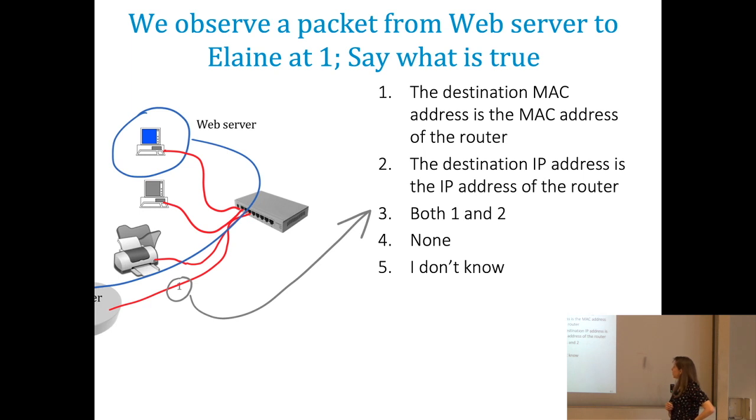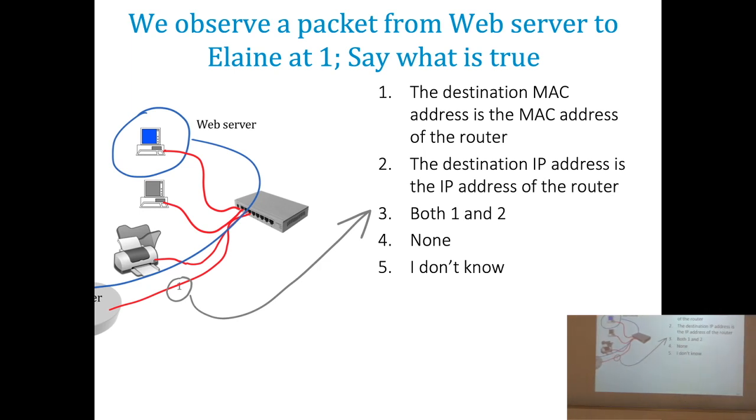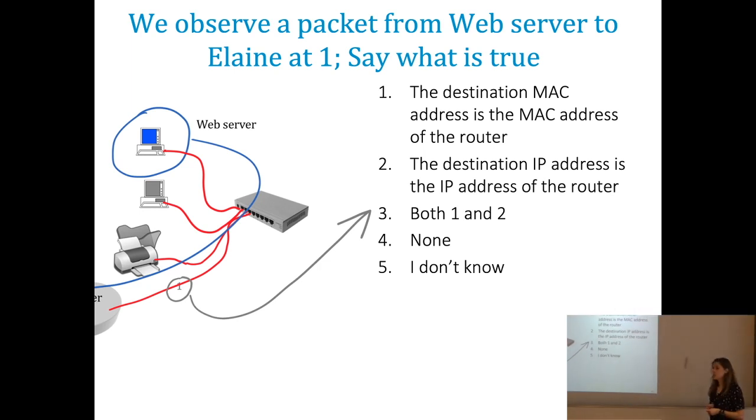So let's say now that we observe a packet from the web server to LN, so it has to go through the router, and that we intercept a packet at 1 here, so before the router. What do you think is true? Is the destination MAC address the MAC address of the router? Who thinks it's yes?